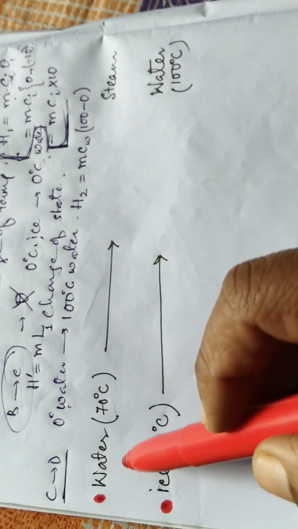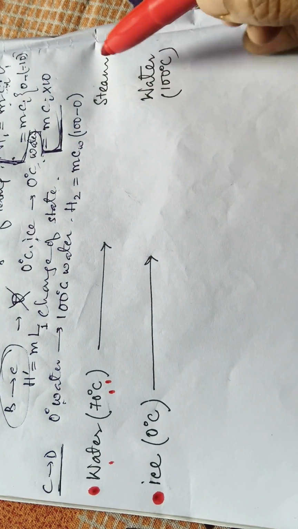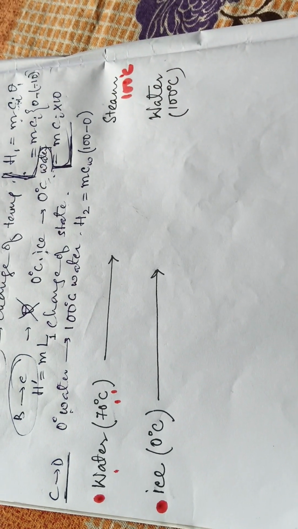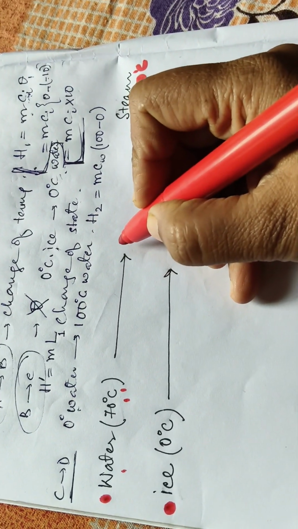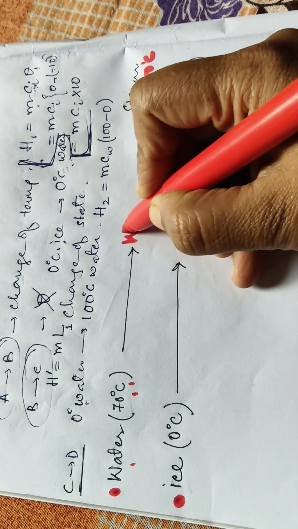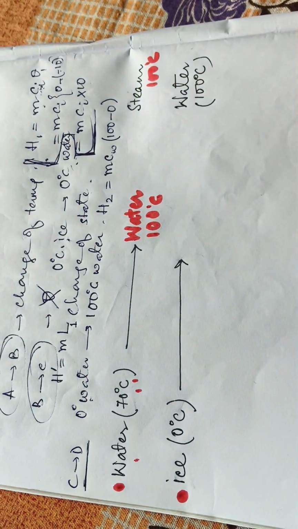First, let me tell you, water at 70 degree doesn't jump into steam. You know, steam is 100 degrees centigrade, okay? First, you have to understand water at 70 degree first absorbs heat to come to water at 100 degrees centigrade.